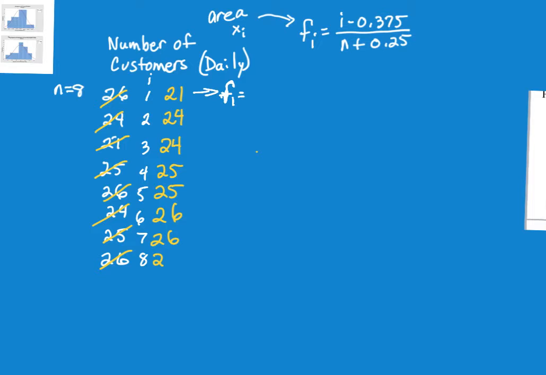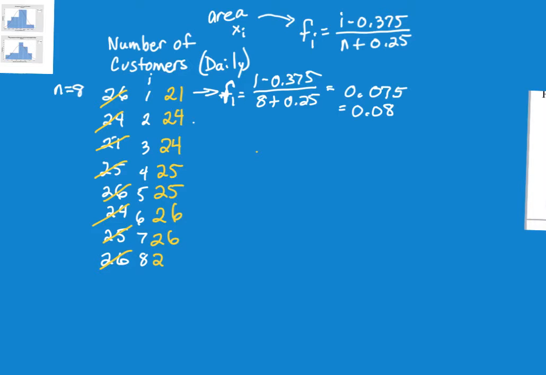In place of the i, we put the 1, minus 0.375 over, how many are there total? There are 8, plus 0.25. And what does that give us? That gives us 0.075, or when it is rounded, 0.08 or 8/100ths.